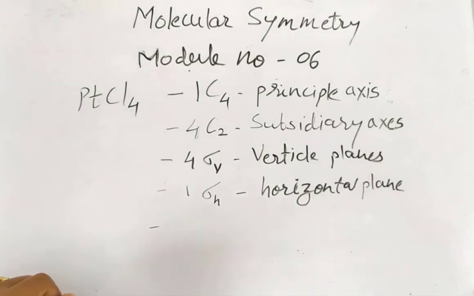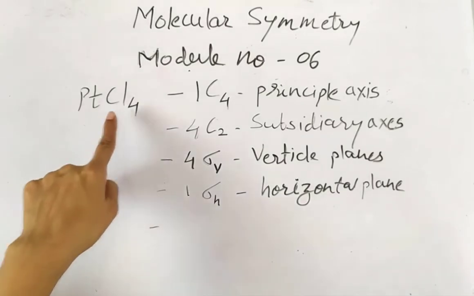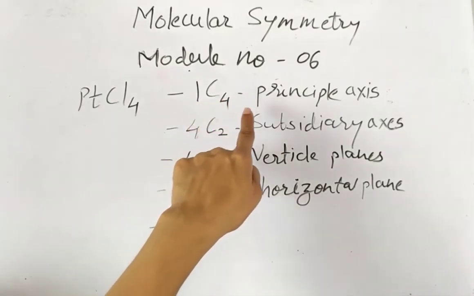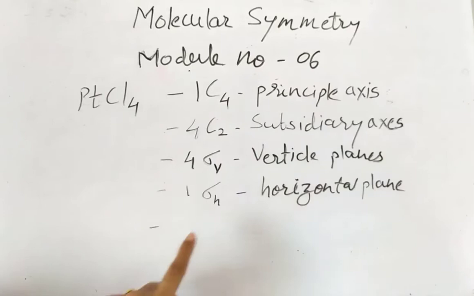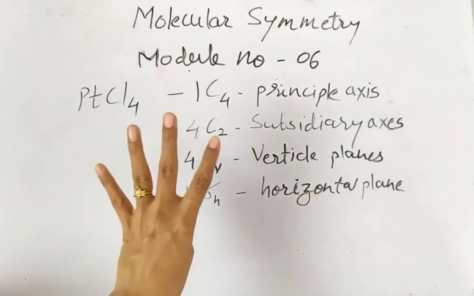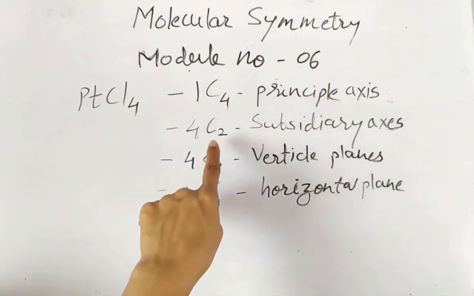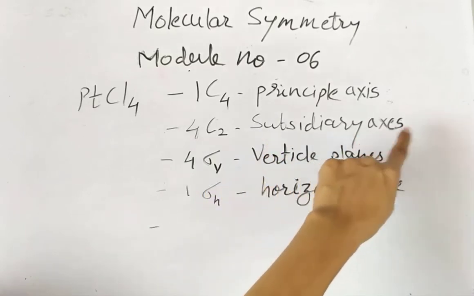In the very beginning we have seen in PtCl4 molecule there is present one principal axis having C4 rotation. There are present four C2 axes called as subsidiary axis.